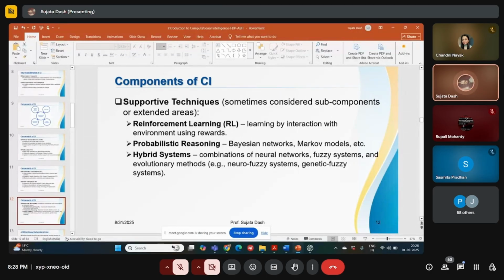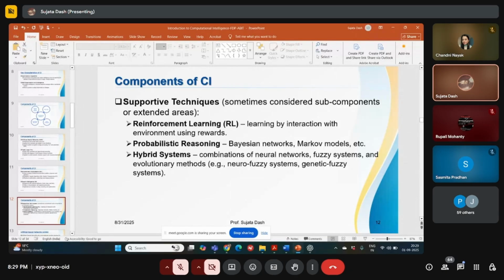Similarly, a genetic fuzzy system. Here we are combining evolutionary algorithms and fuzzy logic, which helps us optimize decision making under uncertainty. So different CI methods work together to solve complex real world problems. When they work together, they handle more complex real world problems effectively.